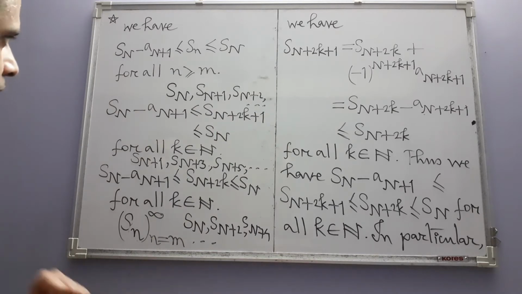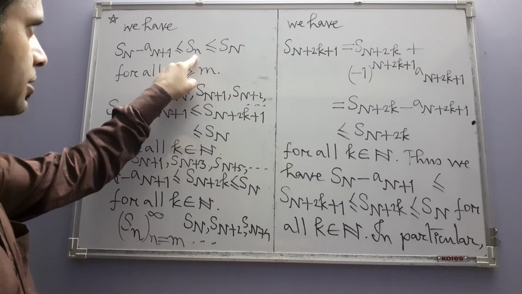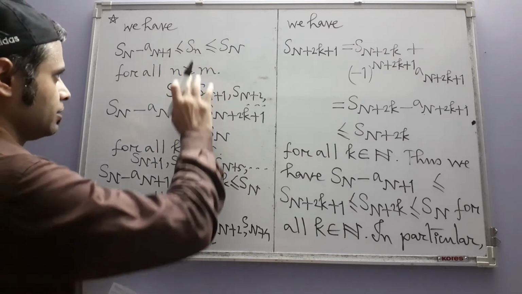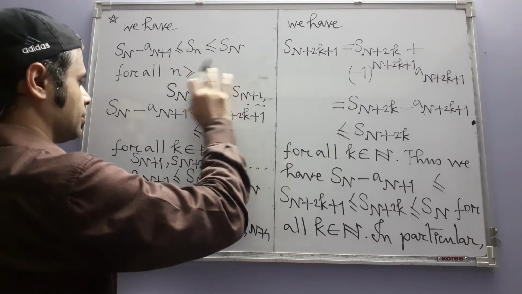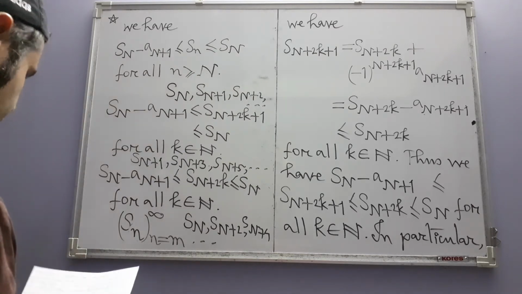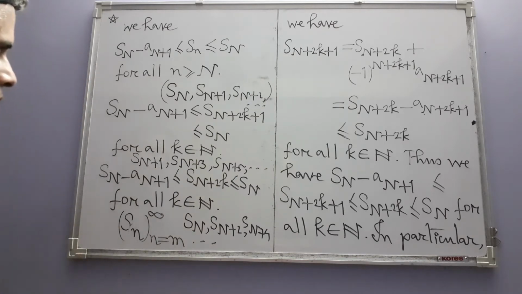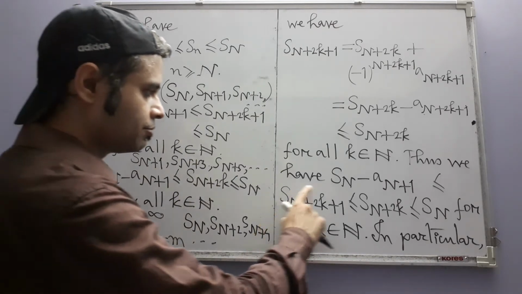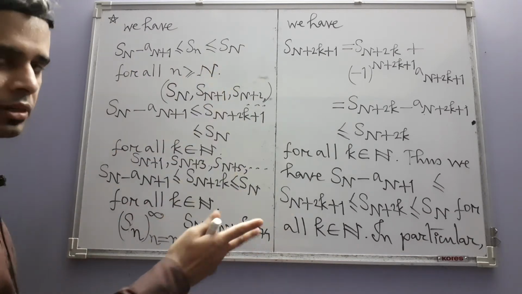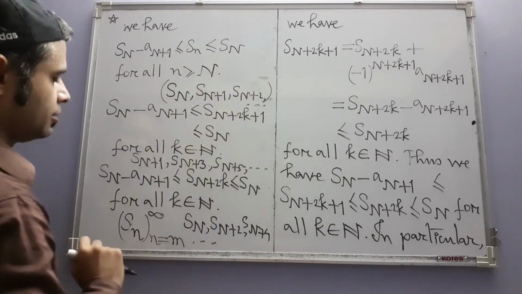So that means we are saying that this thing is less than or equal to S_n, which in fact is less than or equal to S_N, for all n greater than or equal to N, because these are the terms that we have covered in these inequalities. So in place of this, we can also write more compactly. We are writing the same thing, but more compactly we are writing this.